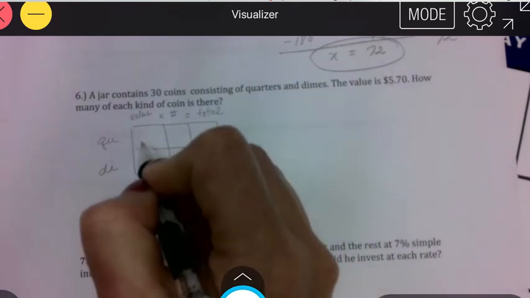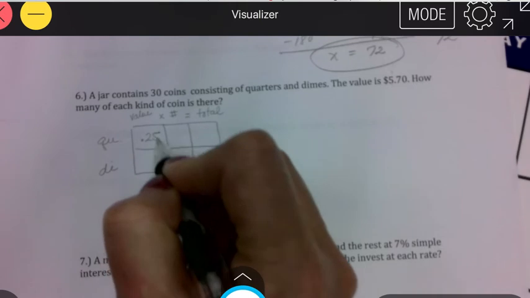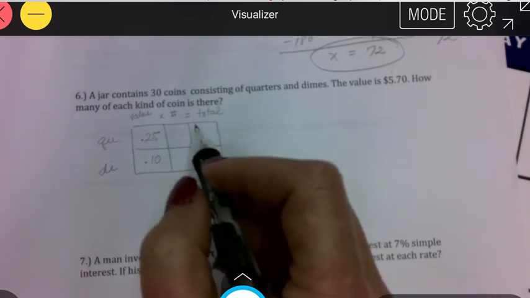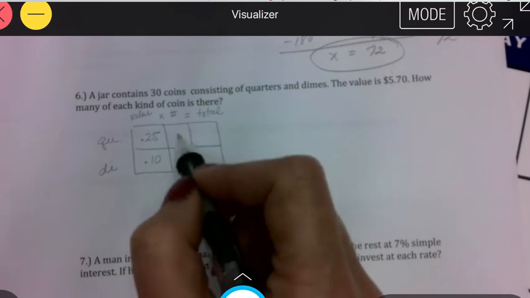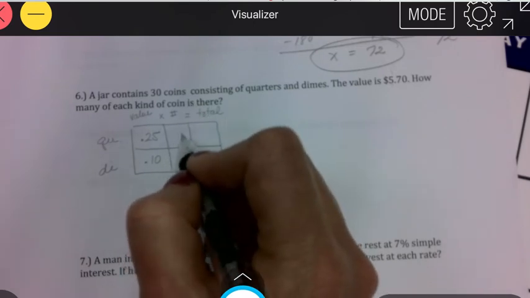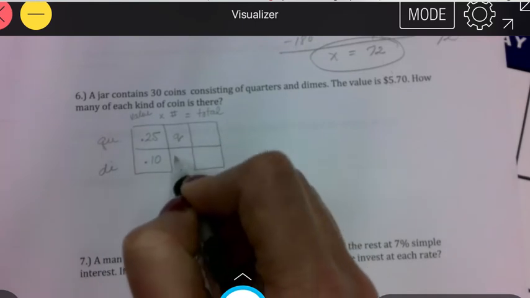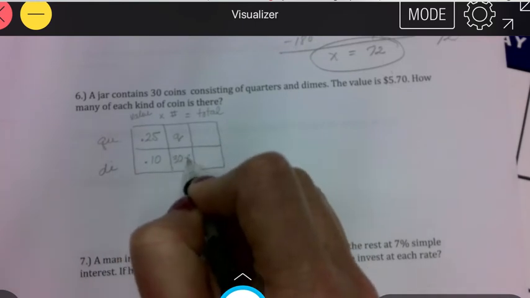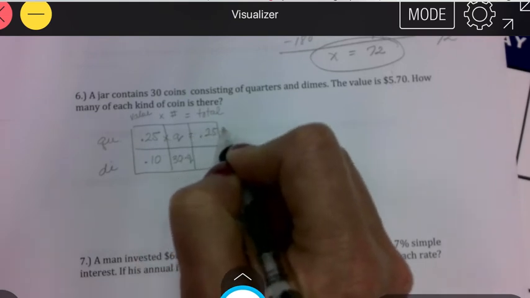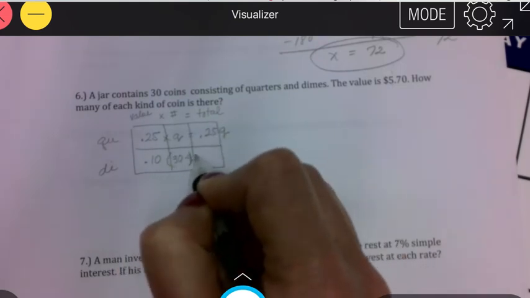So a quarter is worth 25 cents. A dime is worth 10 cents. We have 30 coins to split between these two. So if I let one be Q, then the other must be 30 minus Q. And if I multiply that across, that gives me the total value for that coin.